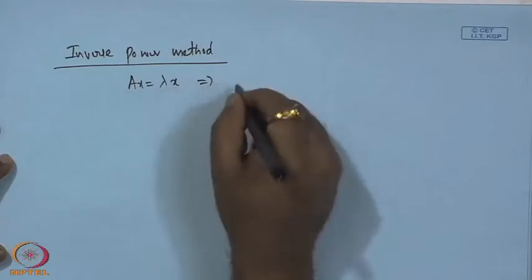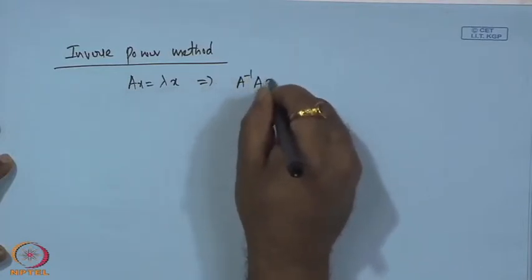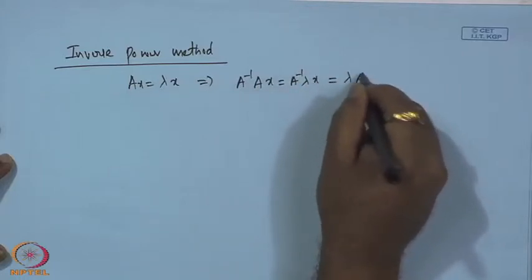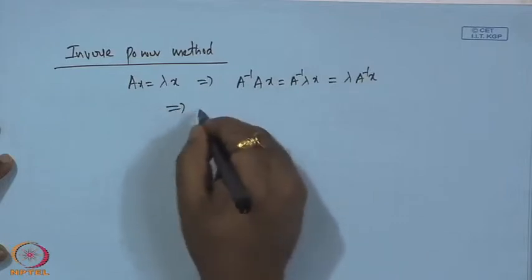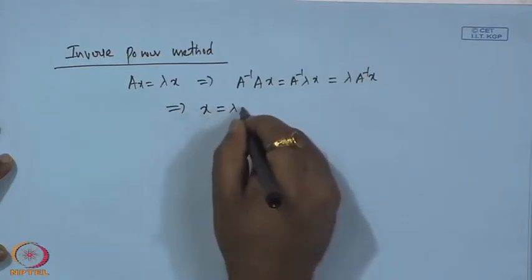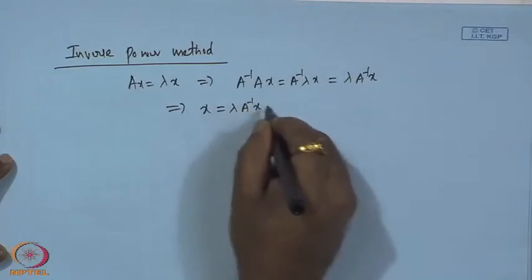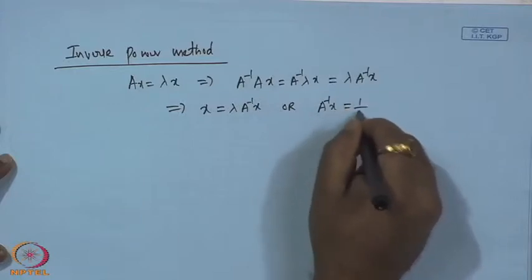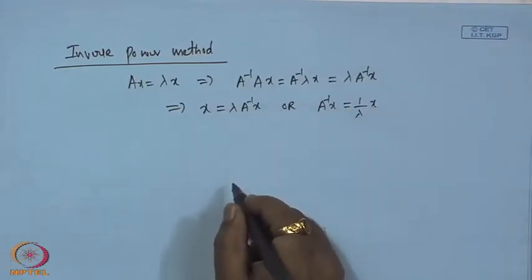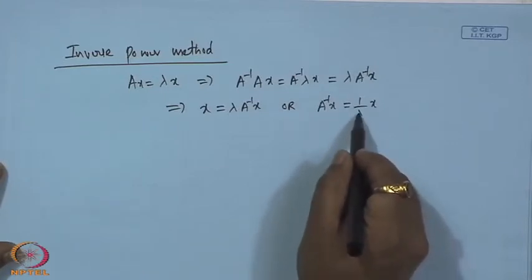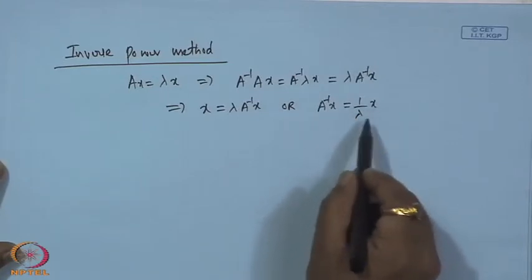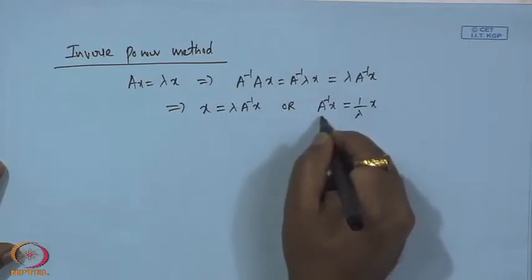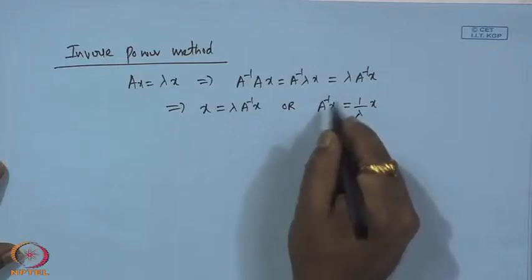So, our aim is this. A inverse A x is A inverse lambda x, which is lambda A inverse x. So, this implies x is lambda A inverse x, or A inverse x equals 1 over lambda x. Okay. So, you are normalizing every time, but computing the inverse could be expensive.